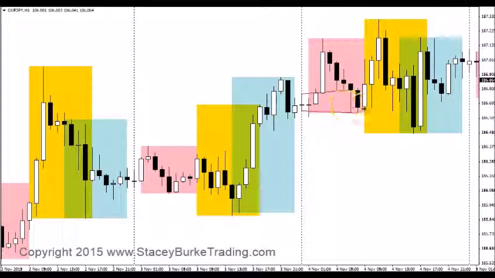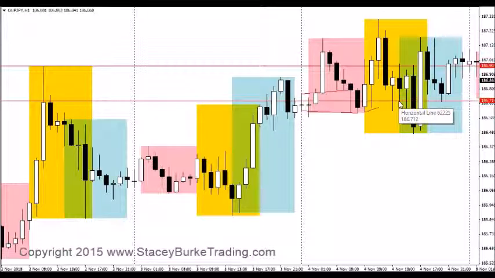Then as London opened, its first 2 hours, one of the extremes held for the bulk of that breakout. As we headed into the US session, that's when we saw some choppy activity and we had an auction occur. So we had both sides of the market traded fairly heavily in that first half of the session.